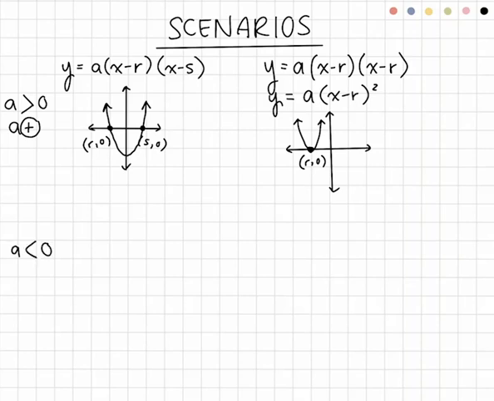Now, when a is less than 0, so when a is negative, we also did this example. Did we do this example? Actually, I'm not sure we did. But nevertheless, we've got negative a, (x minus r)(x minus s). If you see the graph for positive a, what do you think this one's going to look like?